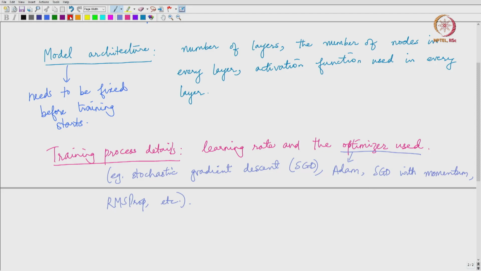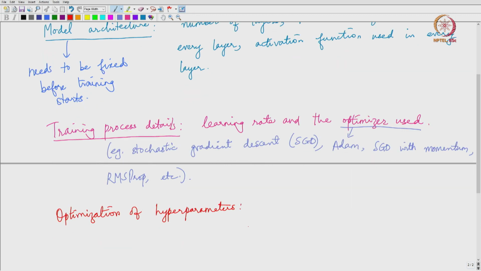Now if you have to optimize the hyperparameters, as you know, this is typically done using a simple, single validation set. Because training of neural networks is very expensive, cross validation is difficult.